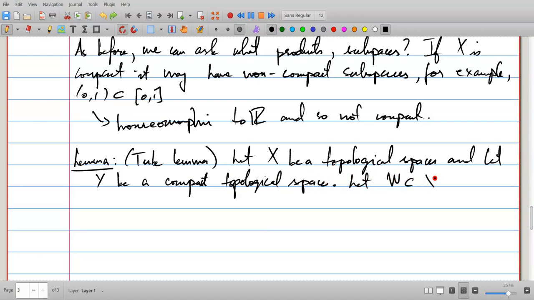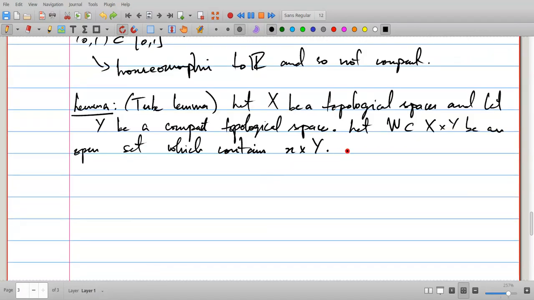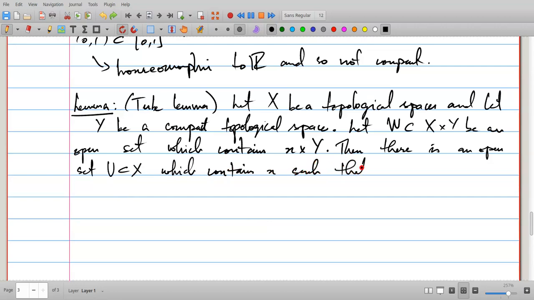Let W contained in X cross Y be an open set which contains {x} cross Y. Then there is an open set U in X which contains x, such that W contains U cross Y.